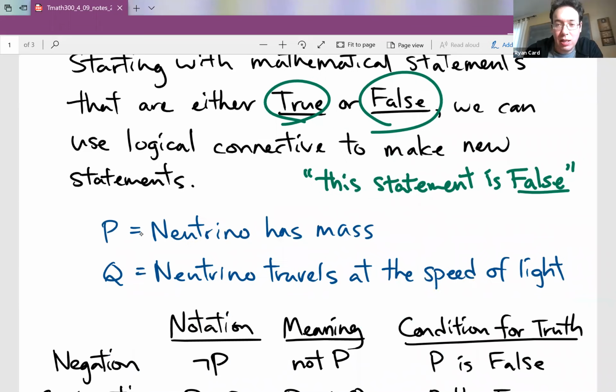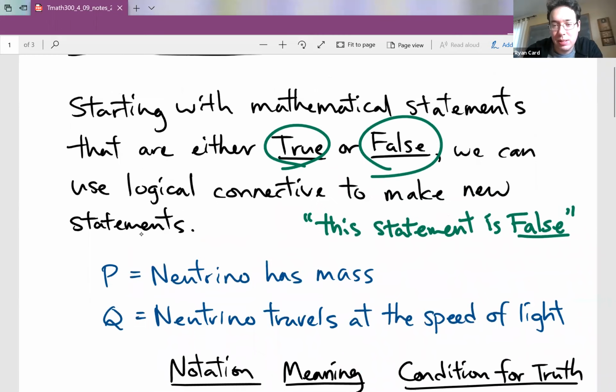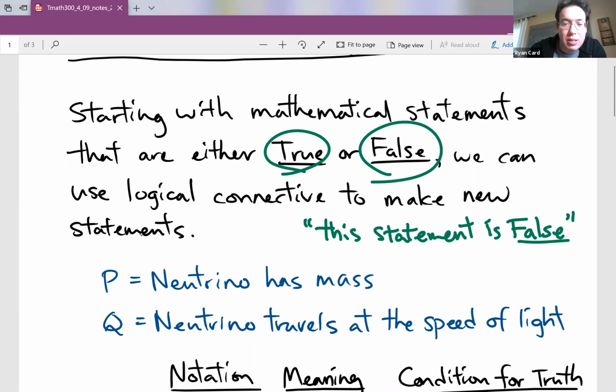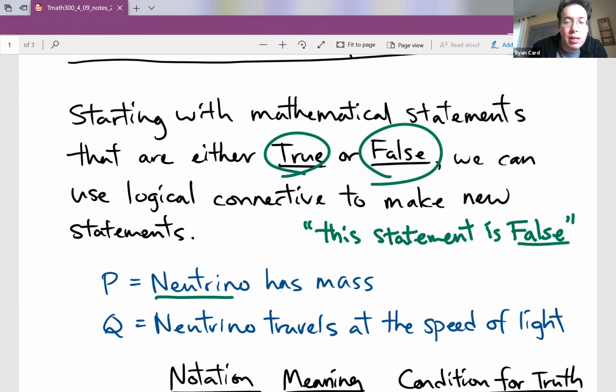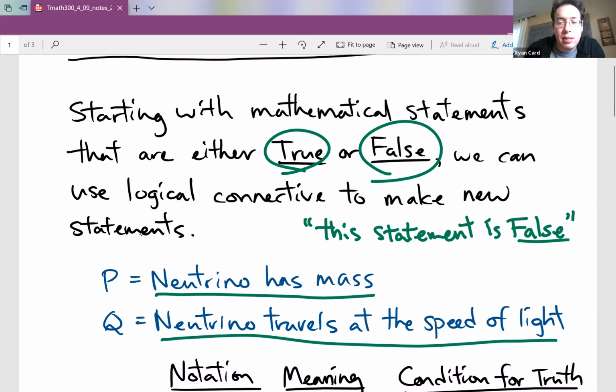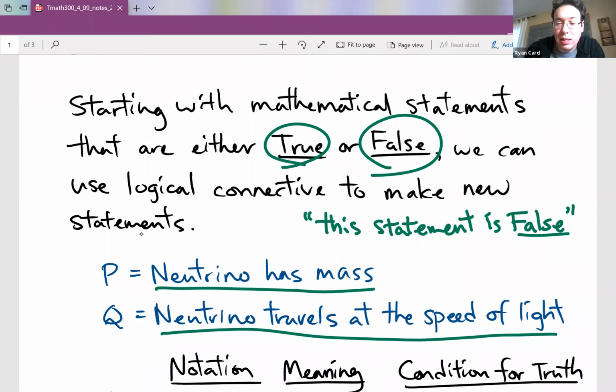So I'm going to start talking about connectives to build more complex statements out of smaller ones. It's going to get pretty abstract with lots of letters. So if you want a context, you could just plug in these two sentences. P is the sentence that neutrino has a mass, and Q is the sentence that neutrino travels at the speed of light.